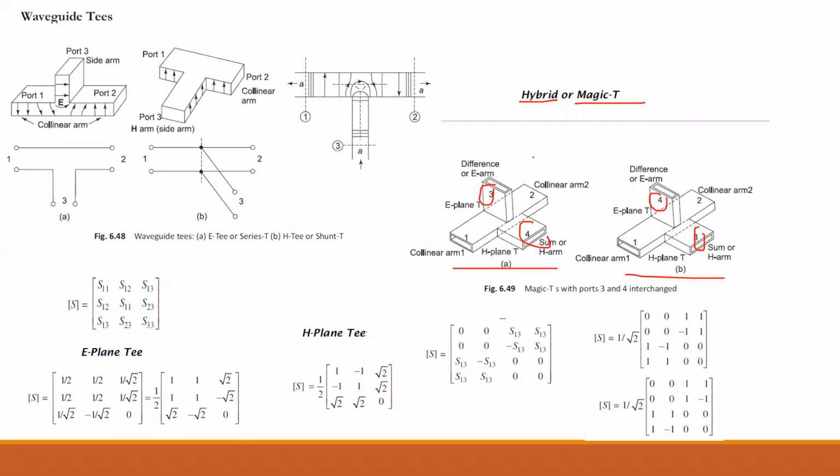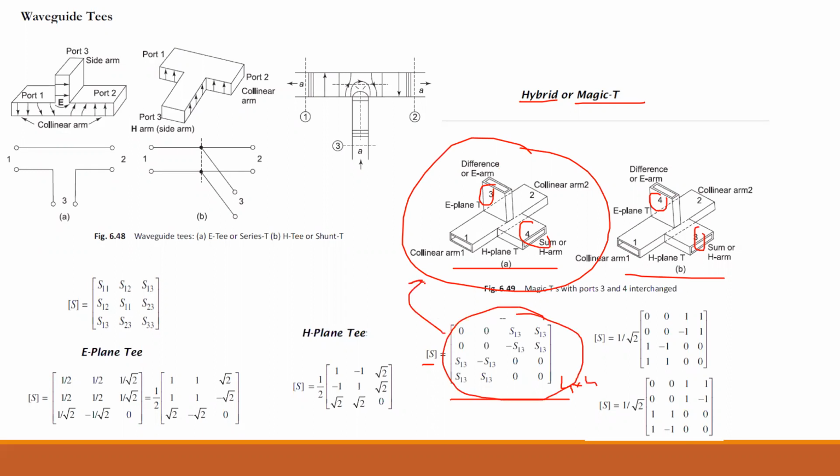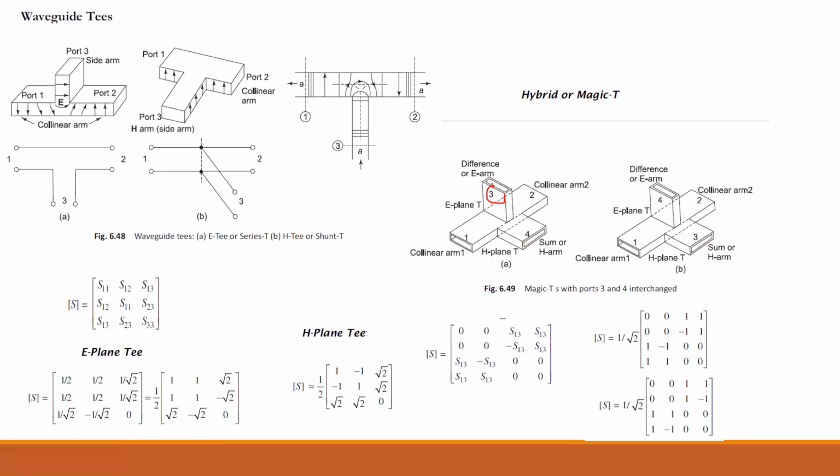Now here what we observe is that the S matrix will be given in this form, which is a 4 by 4 matrix. So this is the representation which is associated with the magic T. Now if you're considering 3 and 4 for this, 1 and 2 is not making a difference for you. So 1 and 2 is same. If you're considering this orientation, then the S matrix should be given by this parameter.